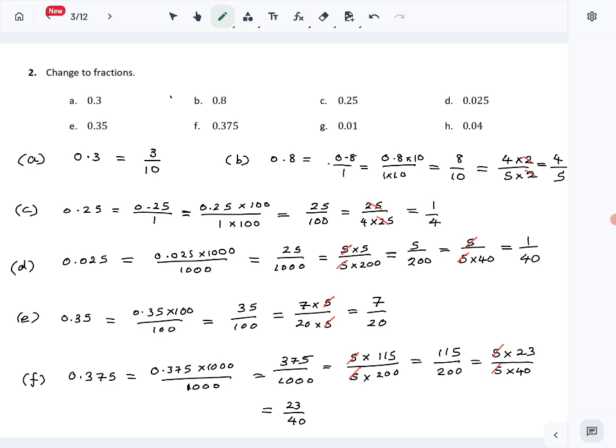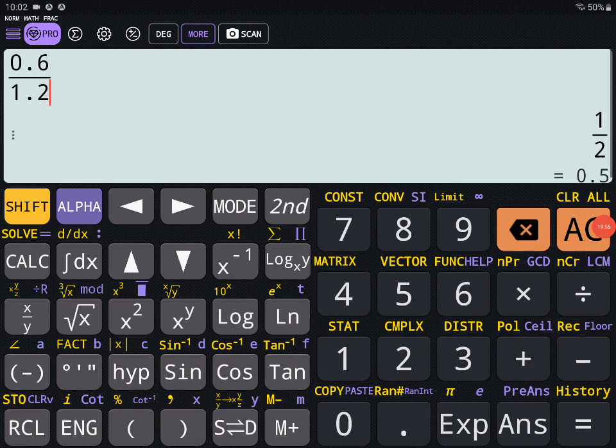Right. This also can be done using the calculator. Okay. So if the question doesn't specify anything about not using a calculator, always use the calculator to do these types of questions, right? So let's see the calculator method. So right, let's clear this. So write the decimal 0.3, right? The calculator will automatically give you what?